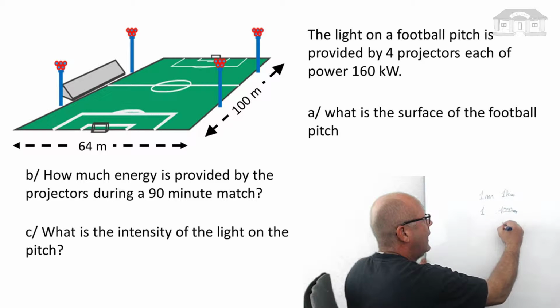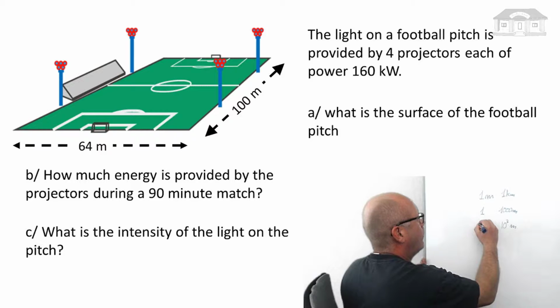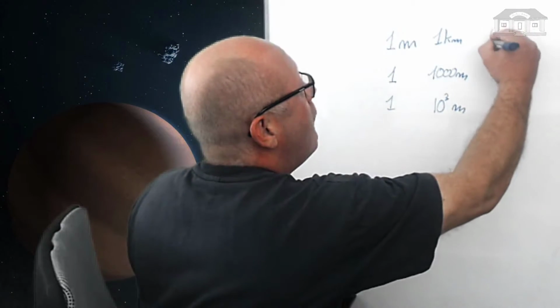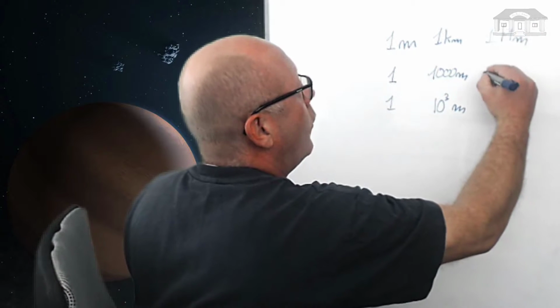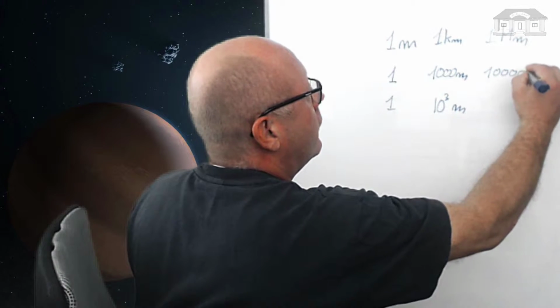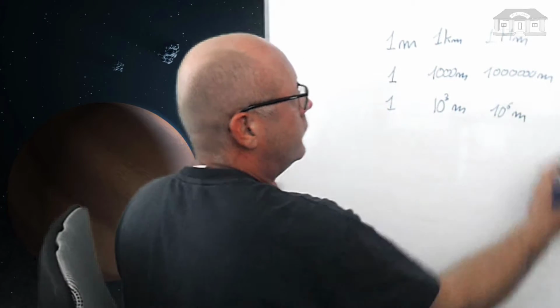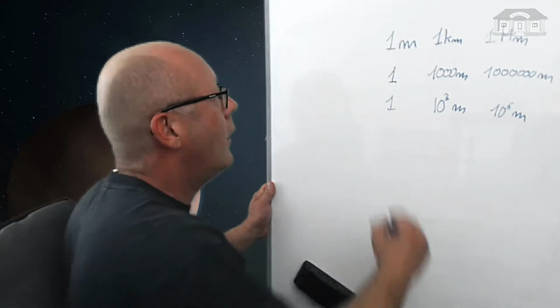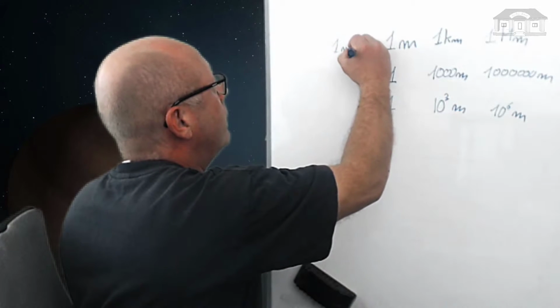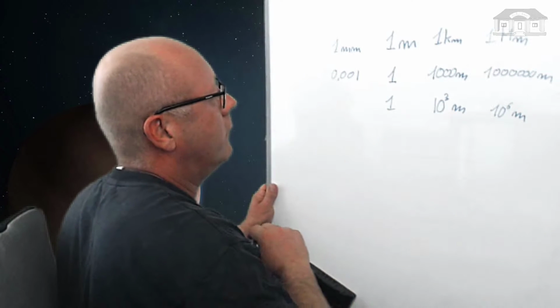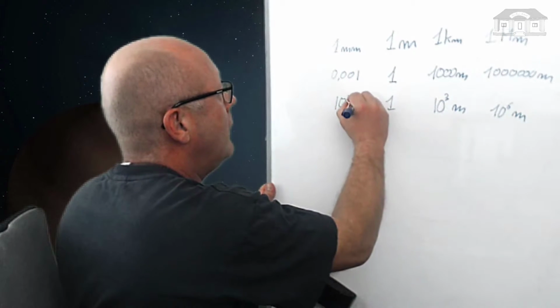You can also write it 10 to the 3 meters. 1 megameter is 1 million meters, or 10 to the 6 meters. 1 millimeter is 0.001 meter, which is 10 to the minus 3 meters.